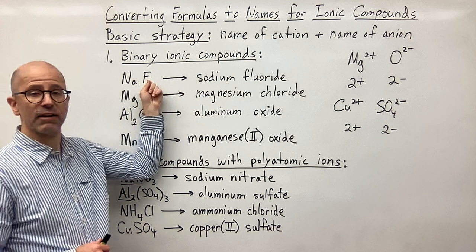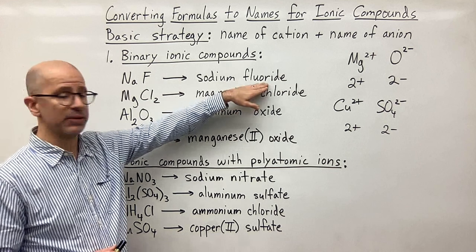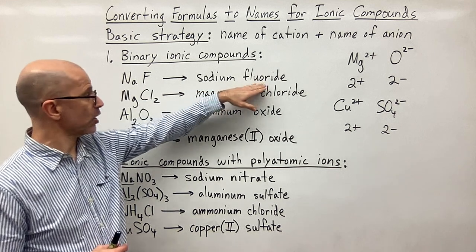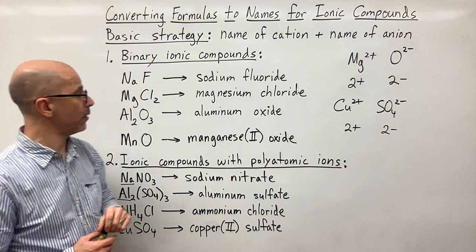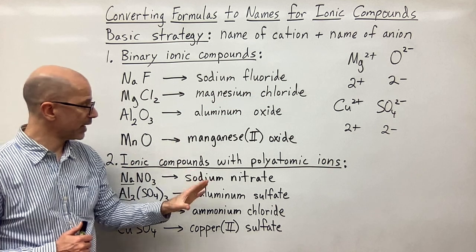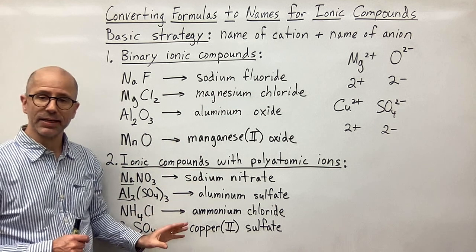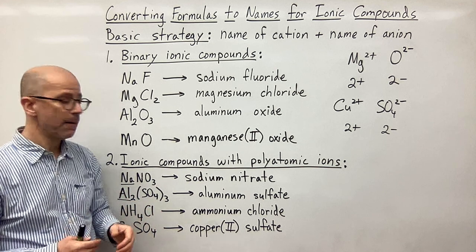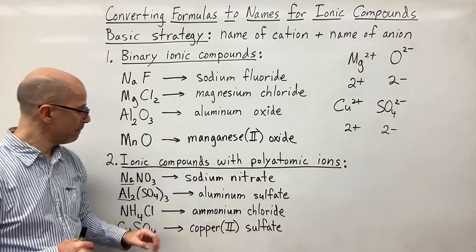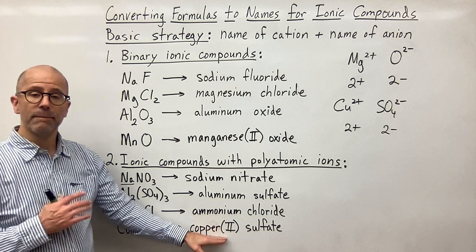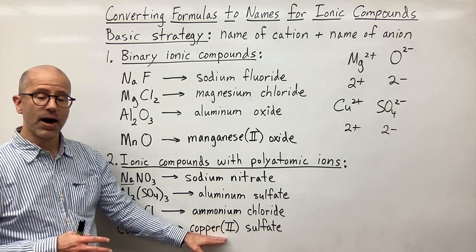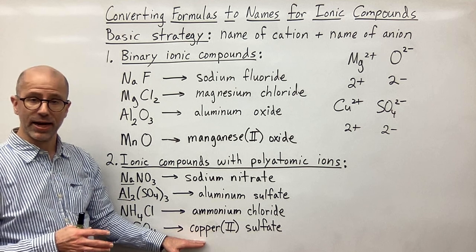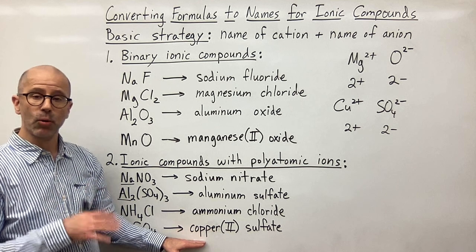Remember, for the negative monoatomic ions, you have to drop the ending, add IDE. And so that becomes the second part of the name of your ionic compound. For the polyatomic ions, you don't have to drop the endings. You just need to memorize what the names of your polyatomic ions are. And then you can add that to the end. And also make sure you identify those positive ions, those metal ions that need a Roman numeral.